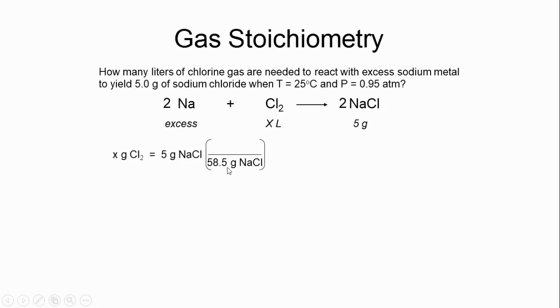So 1 mole of salt is 58.5 grams. So those grams cancel. Now, using the coefficients from the balanced chemical equation, 2 moles of salt will be produced from every 1 mole of chlorine gas. So those moles cancel. And finally, 1 mole of diatomic chlorine gas weighs 71 grams.